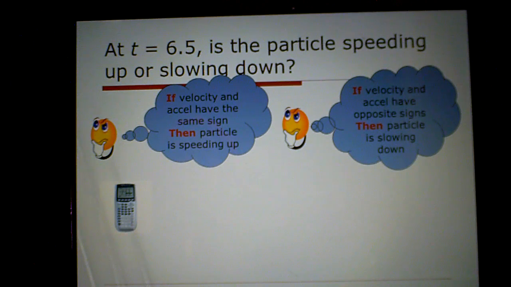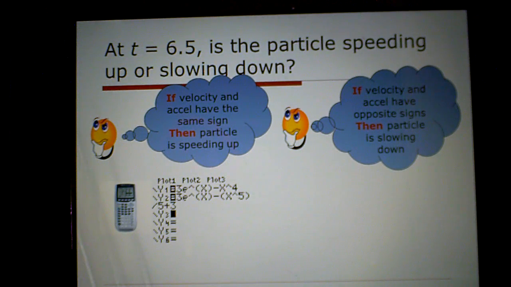So again, I'm using my calculator. In y1 and y2, I have acceleration and velocity. So I plugged in 6.5 into acceleration, plugged in 6.5 into velocity. Don't care about all of those digits.